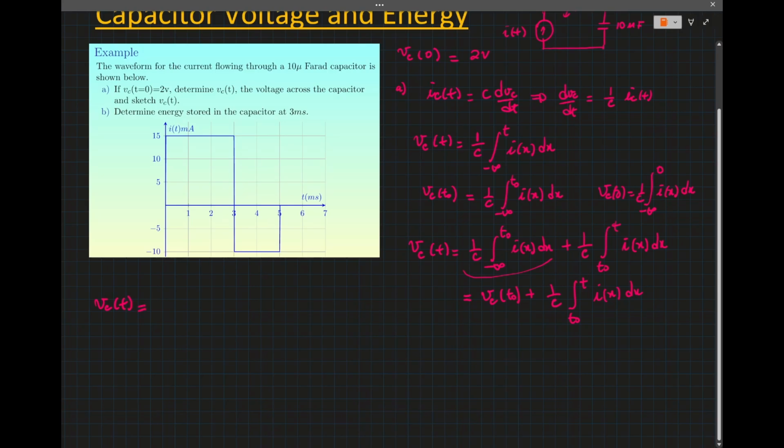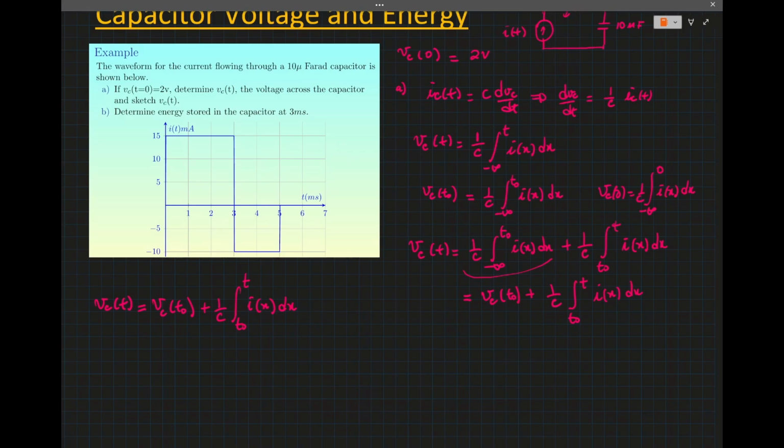I put it in this form as indicated above to be able to account for the initial values, because the current here is defined as a piecewise function of time.